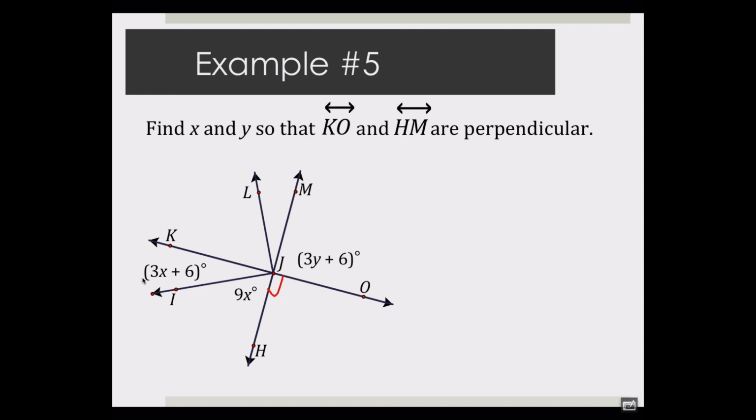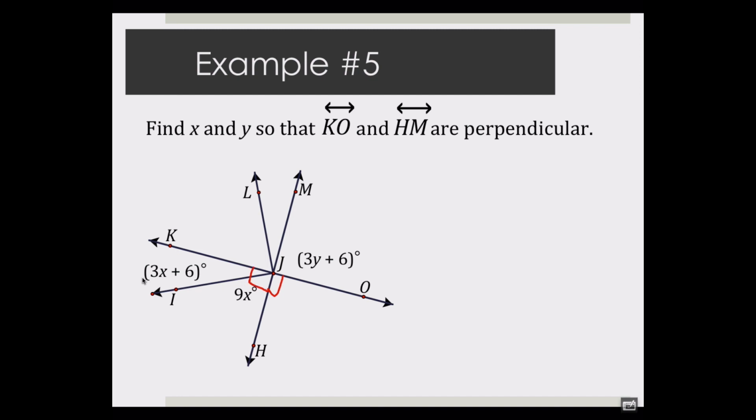Okay, so in the process of solving this problem, what do you notice? Or how would you solve that problem? Michelle. Since MH and KO are perpendicular, that means there are 4 right angles, so the 3x plus 6 and the 9x, those two added together would be 90.